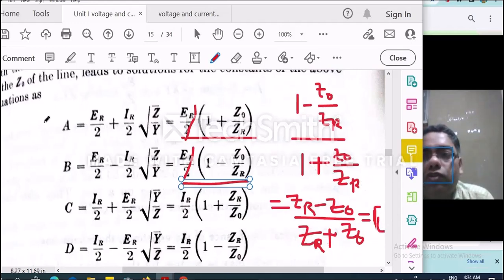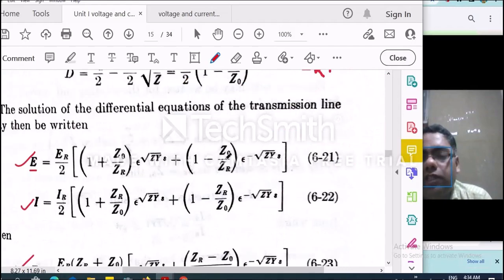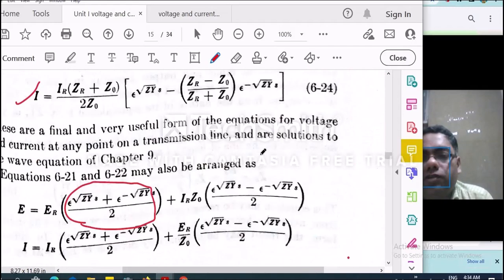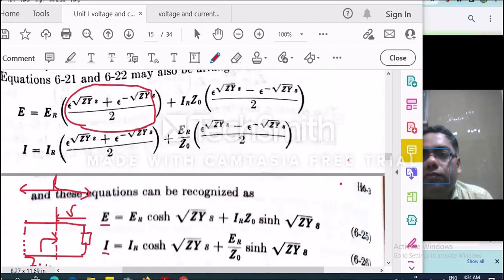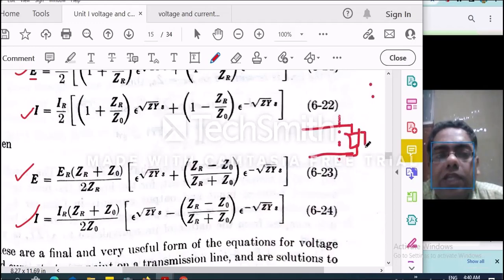Now if we want to find the reflection coefficient at any point on the line, we have to take the general equation. We found the reflection coefficient at the load end to be ZR minus Z0 by ZR plus Z0.